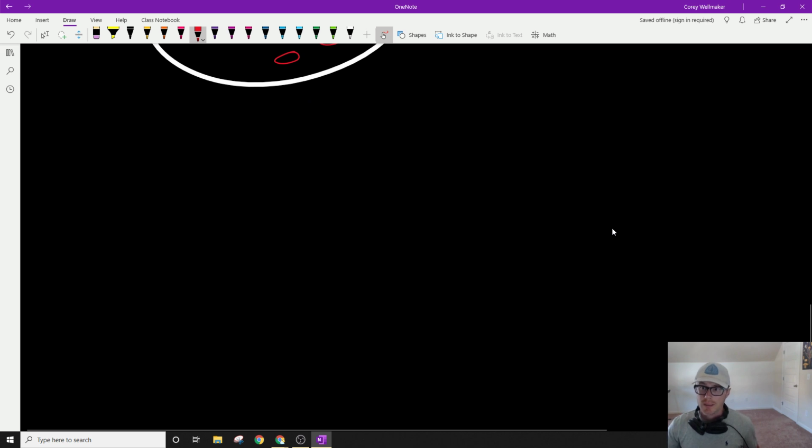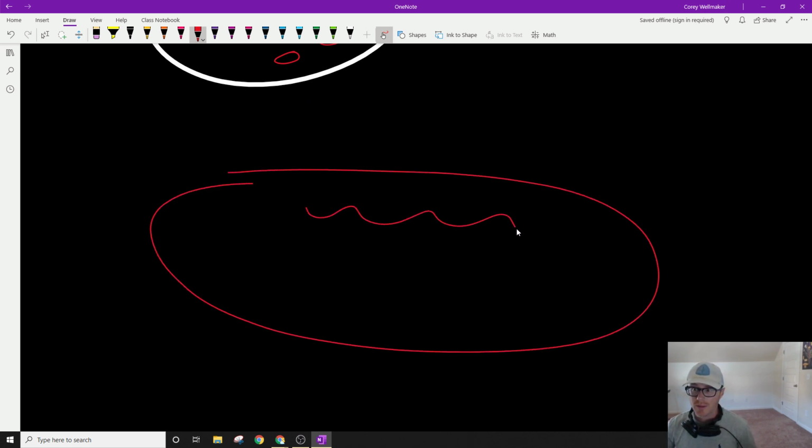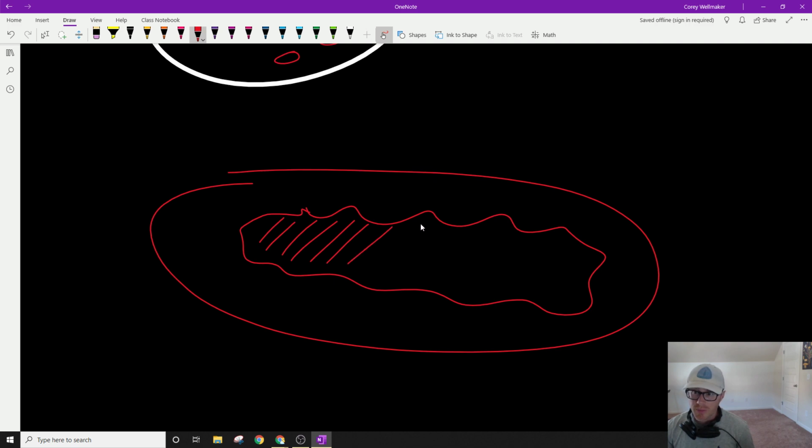It's not diploid. So if you zoom in on the mitochondrion, you've got the outer membrane, you've got the inner membrane. This is like a gel space called the matrix, and it's within the matrix that you find circular DNA.